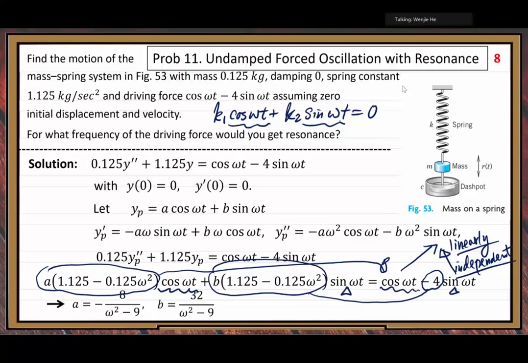The values of A and B both grow super big, which means this particular solution, the YP solution, cannot be controlled. So you get that resonance problem. The damage could be, for example, breaking a bridge.